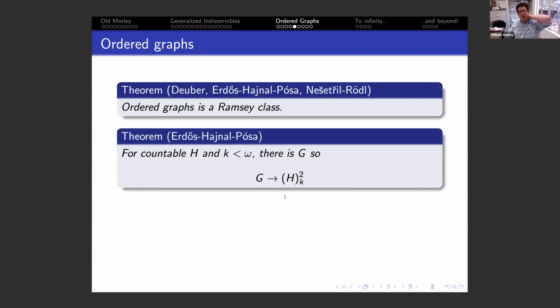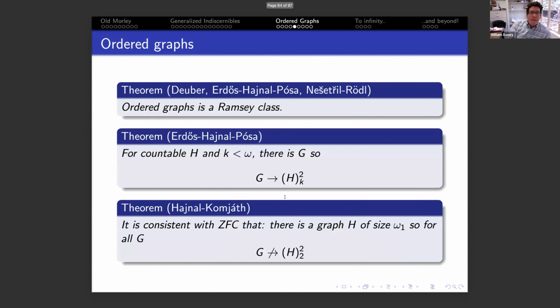Erdős, Hajnal, and Pósa showed that we have something at the countable level. Right, so if H is countable and we're coloring pairs, we're good to go. But Hajnal and Komjáth showed that it's consistent with ZFC that we can't do this for uncountable graphs.